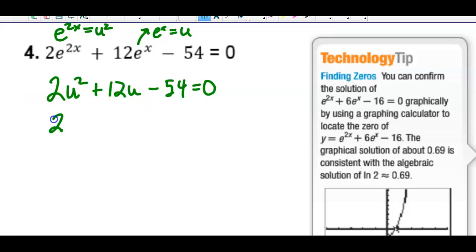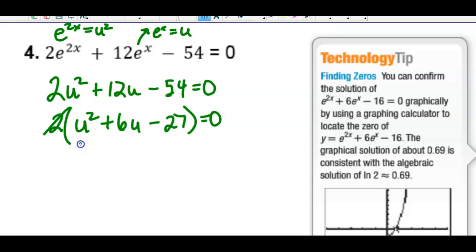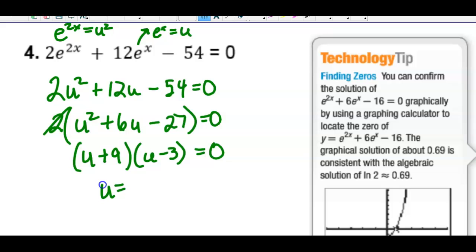We can take a 2 out of all this and really just throw it away, because if we divide both sides by 2, this divides out. So then we have u plus 9 and u minus 3. So we get u equals negative 9 or u equals 3. But remember, u was really e to the x.